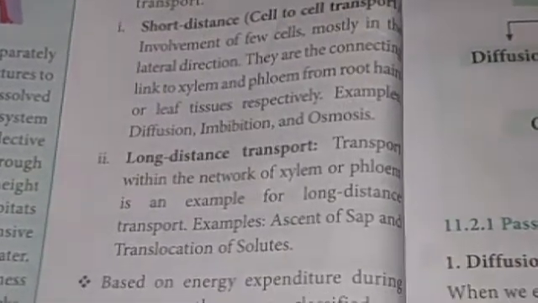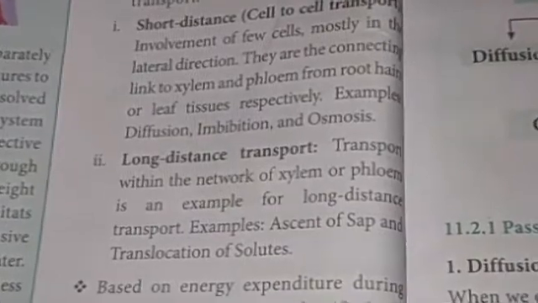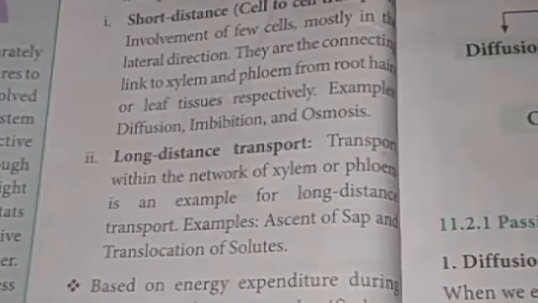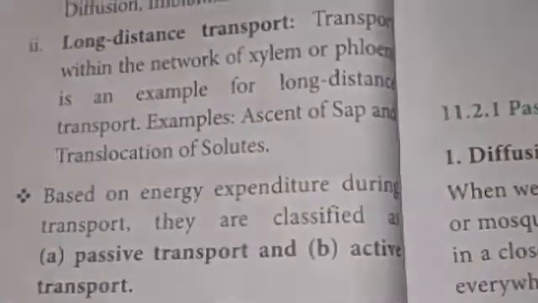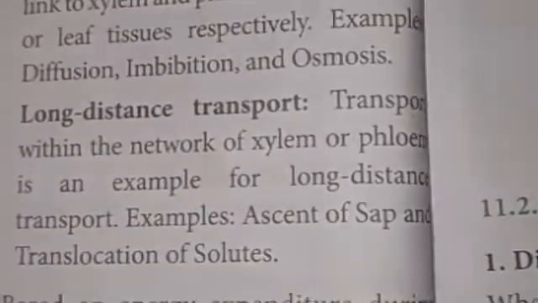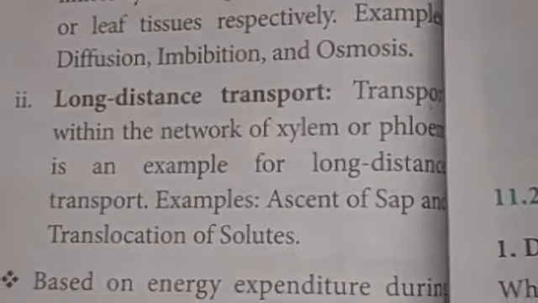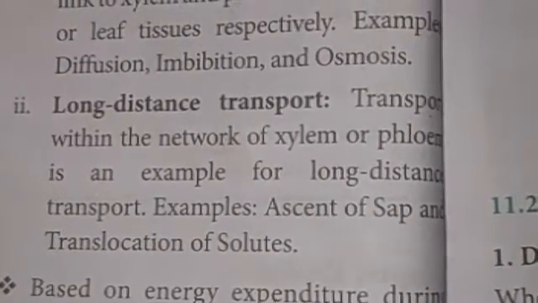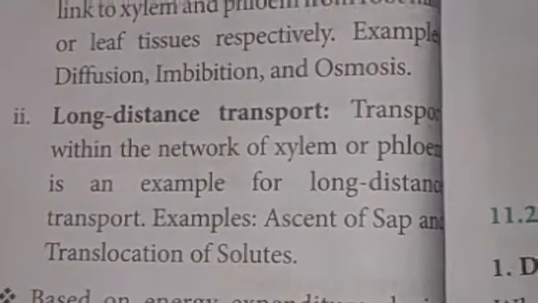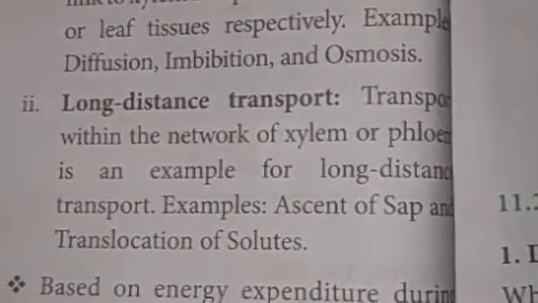Examples of cell to cell transportation are diffusion, imbibition, and osmosis. Long distance transport is the transport within the network of xylem or phloem. Examples are ascent of sap and translocation of solute.